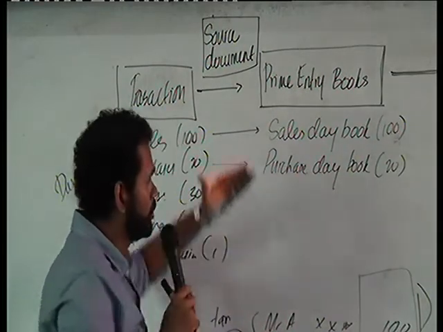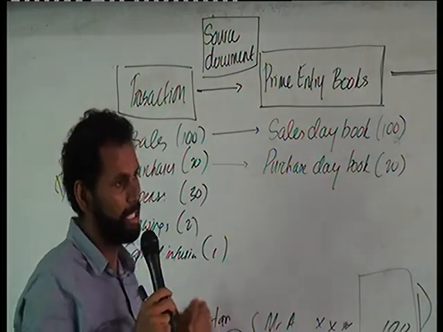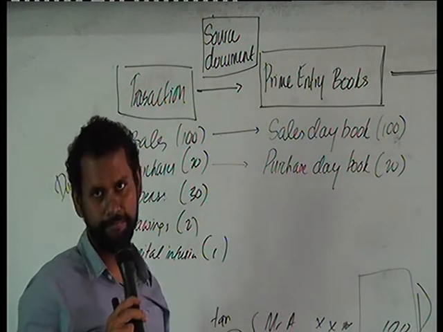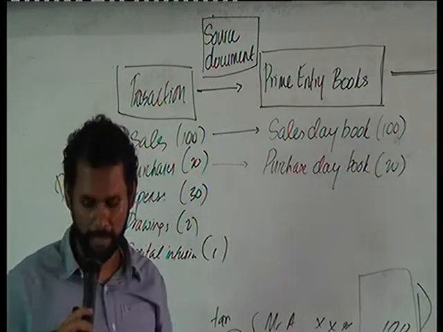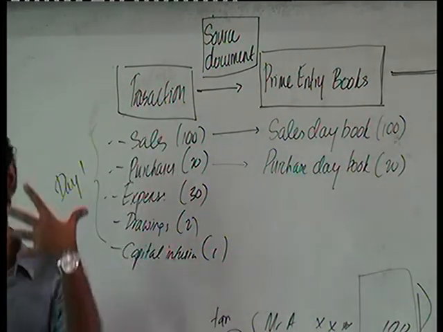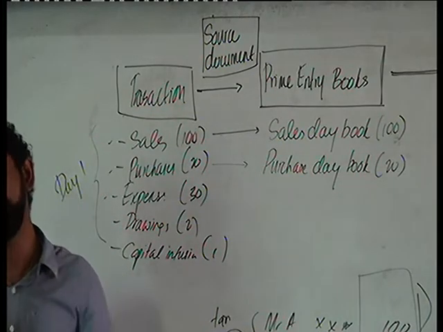Right? So the source document again depends on the type of the transaction. Source document is something like evidence of the transaction.